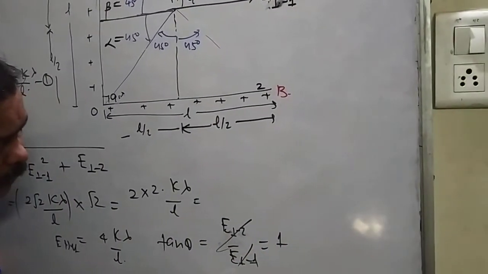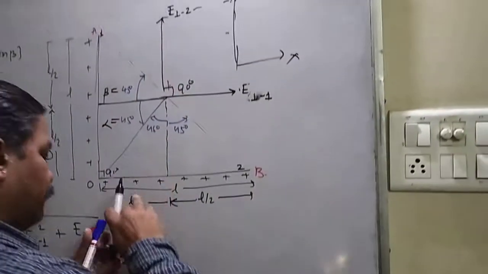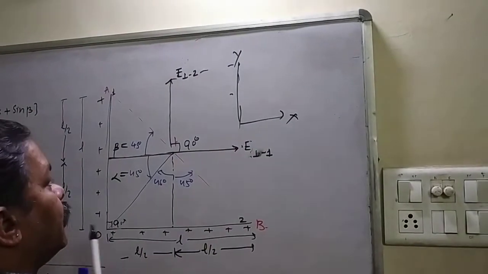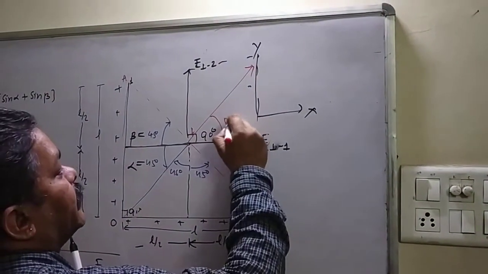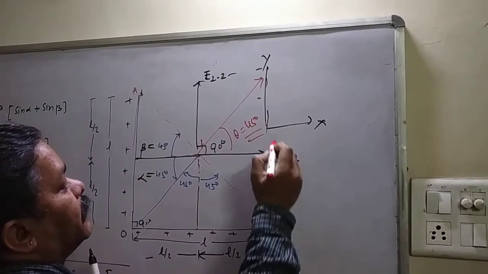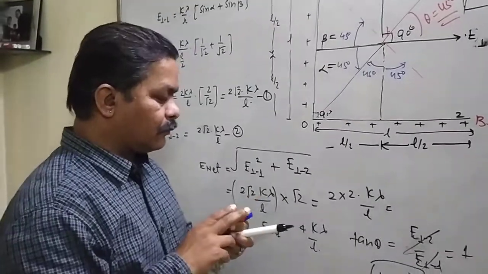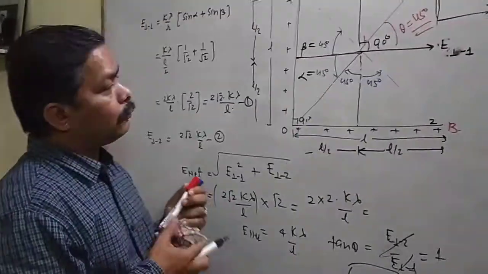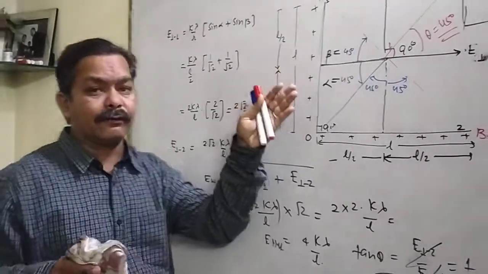It comes out to be 45 degrees. So the final electric field makes an angle theta equal to 45 degrees with the given x-axis. This is our answer. So you have seen how we used the two basic formulas for this calculation.